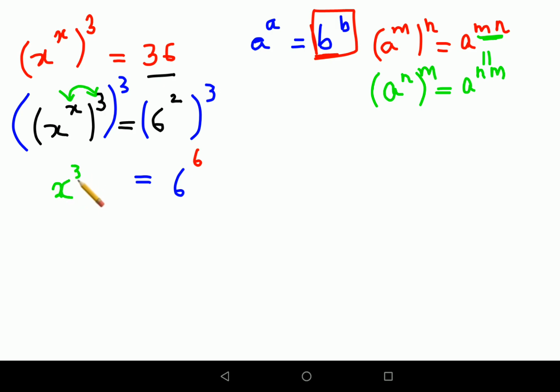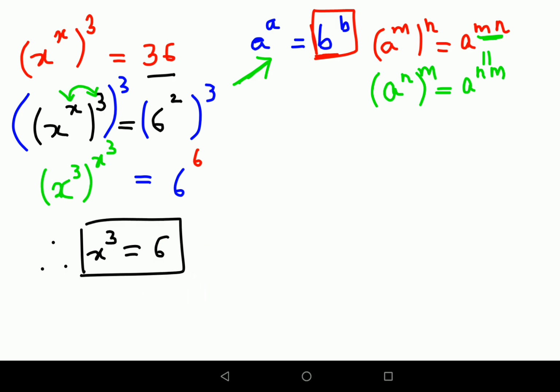So this will be x raised to 3, the whole raised to x raised to 3. Now if you see, your variable is also of the form where index and base are equal to each other. So from here you can deduce x cube equals 6.